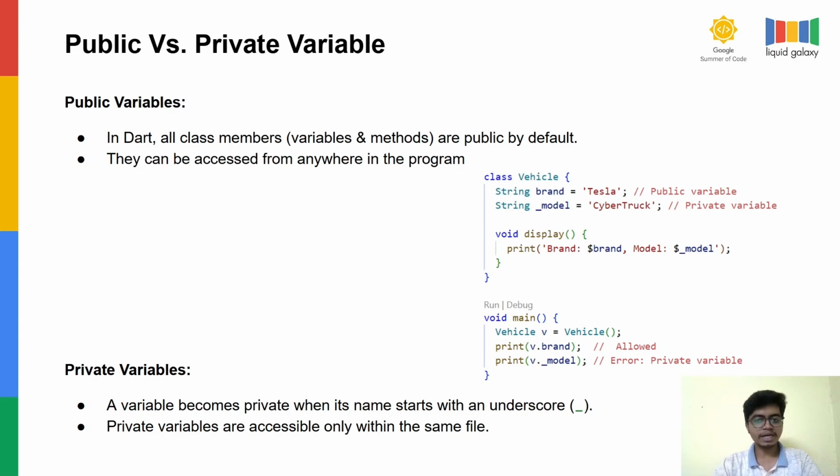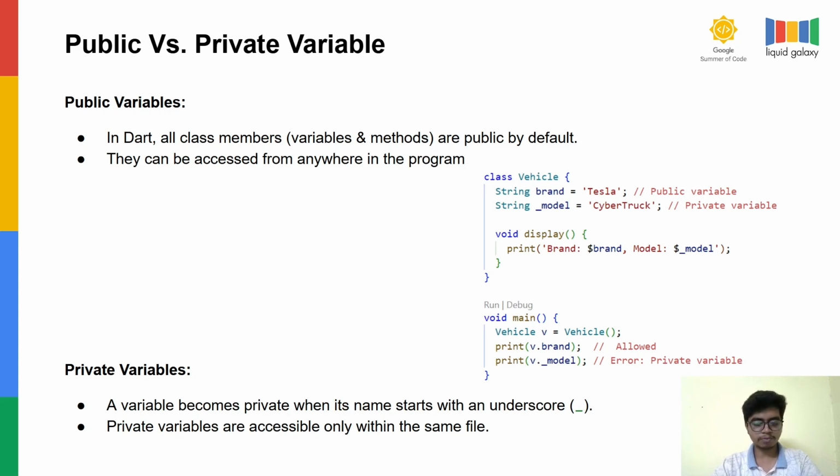Now in the main function, I am creating an instance of the class Vehicle and printing the brand and model values. Currently, this code is written inside the file, so it will not give any error and will simply print the model and brand name. But if I access the same thing from outside the file, then it will give an error.